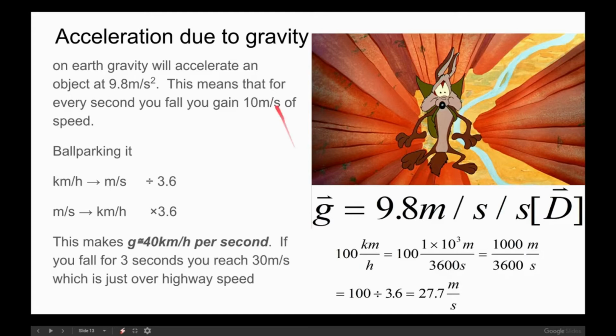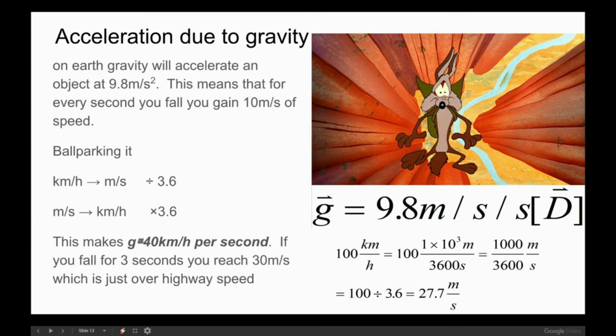If you fall for 3 seconds using this rounding, you reach 30 meters per second. In both cases, using this number or that number, a 3-second fall puts you at higher than highway speed.